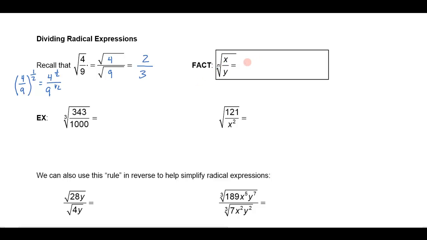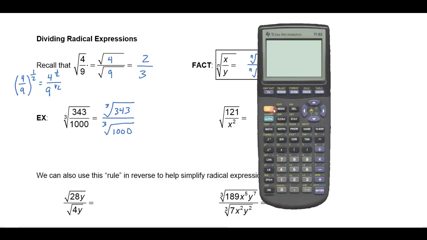So the nth root of a fraction is just the nth root of the numerator divided by the nth root of the denominator. So if I would like to know the cube root of 343 thousandths, that looks like a pretty nasty fraction, but I can simplify it and just find the cube root of 343 and then divide that by the cube root of 1,000.